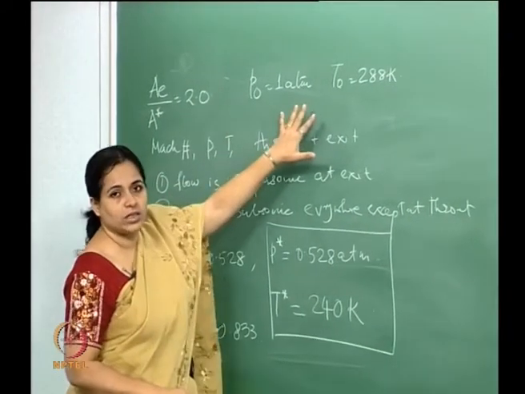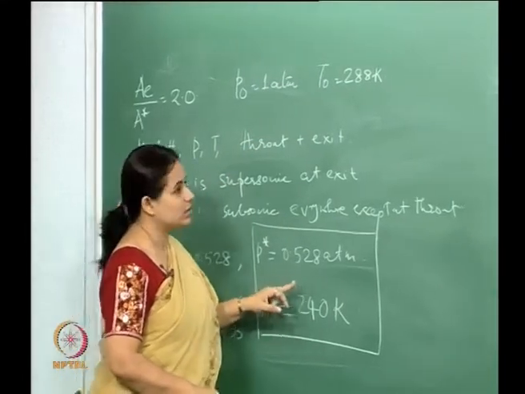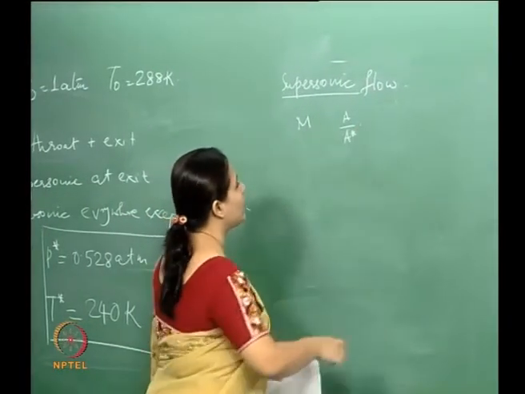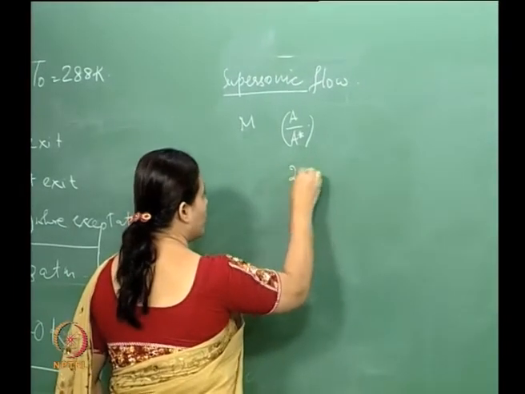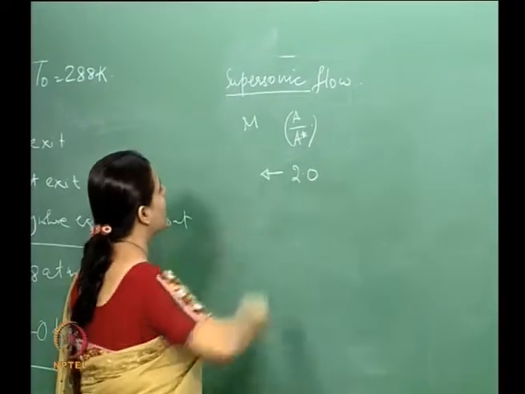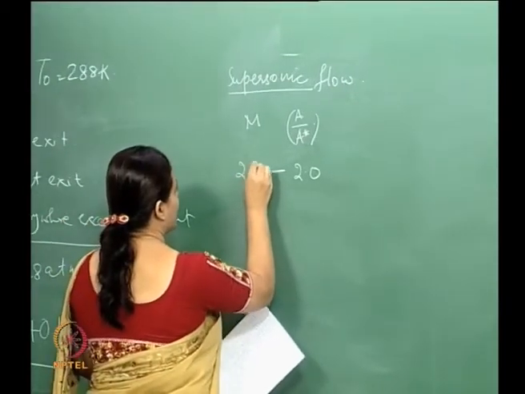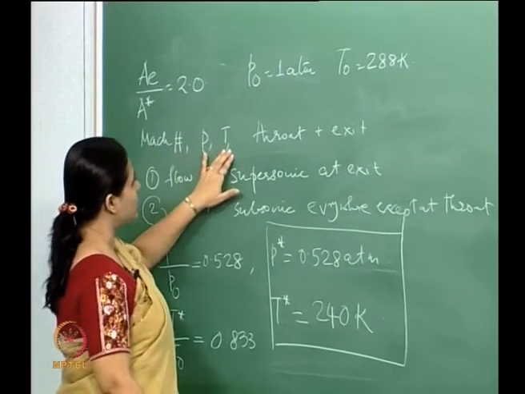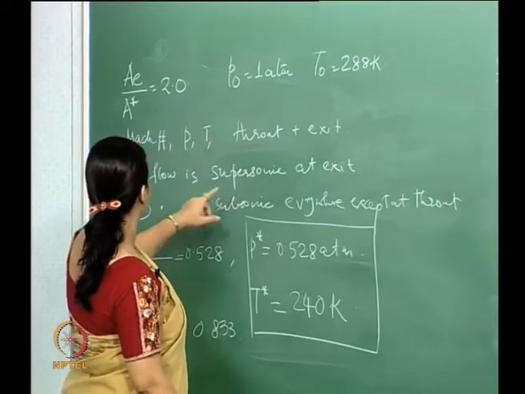We knew the stagnation conditions, from which we can calculate the throat conditions. And in here what we are given is this area ratio being 2, and we calculate the corresponding Mach number. What we need to calculate is Mach number, pressure and temperature at the throat and exit.